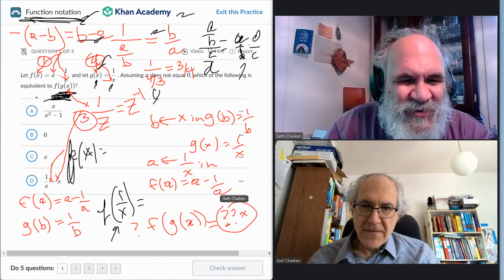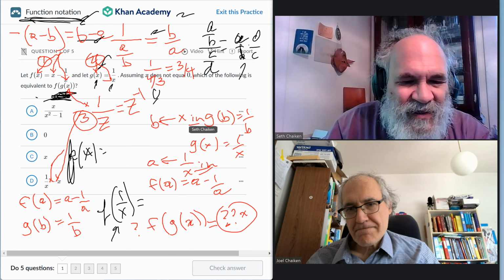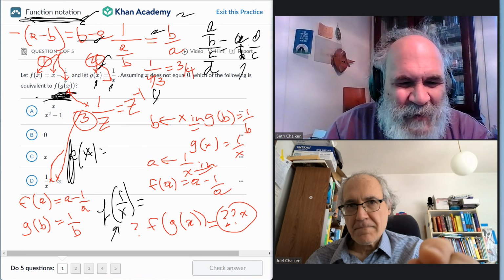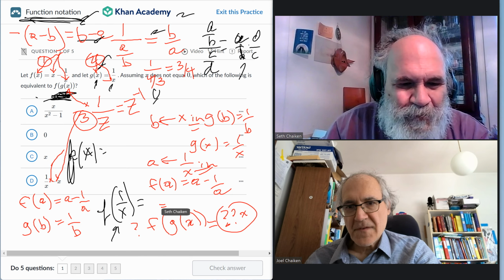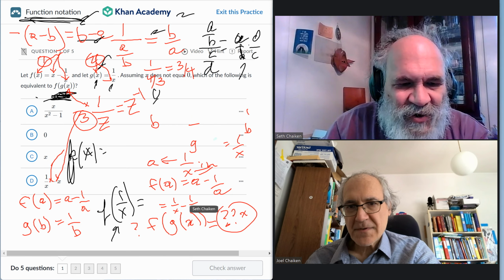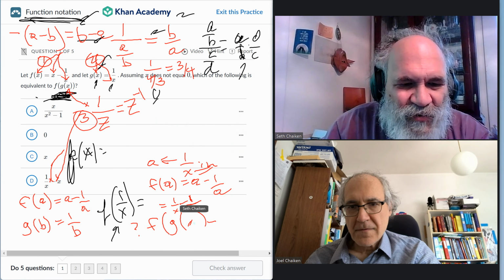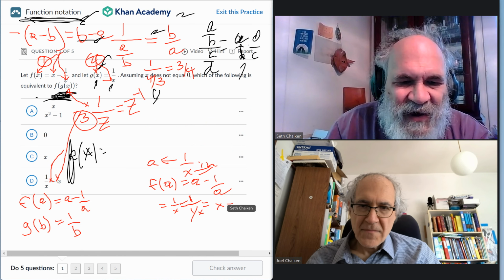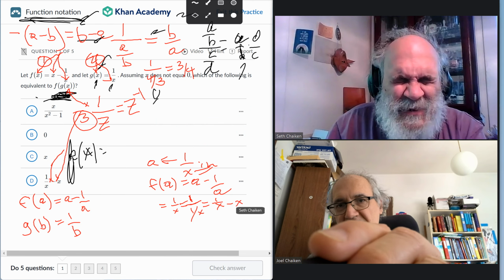I do that substitution, replace the a by 1 over x, and get 1 over x minus 1 over 1 over x, and then simplify that to be x minus 1 over x minus x. So that's good.